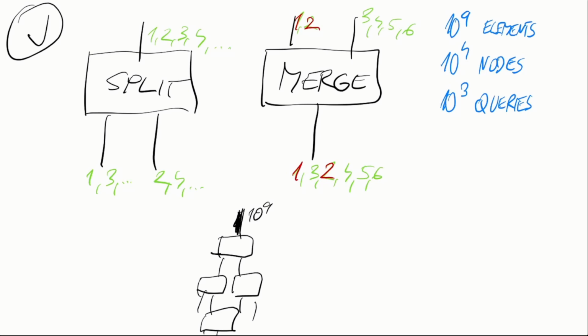Now, the entire system can have up to 10 to the 4 nodes, and we are given a collection of 10 to the 3 queries. In each of the queries, we are given one specific wire in the network, and an index k, and we are asked what is the value of the kth element that is traveling along this particular wire in the network. So how can we answer such queries?